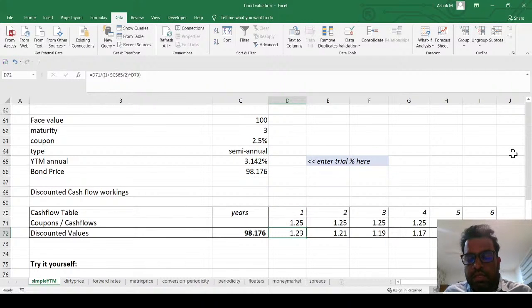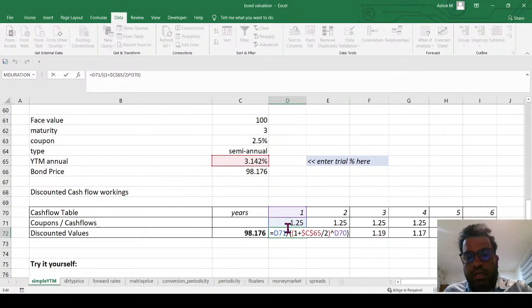Now this YTM discounting, see this formula, that is this coupon divided by 1 plus YTM divided by 2 to the power of this time period. So I have set it as an annual YTM.